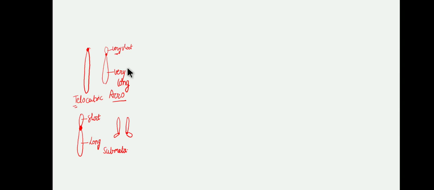If the centromere is present at the center of the chromosome, leading to two equal arms, this kind of chromosome has a V shape, also called a V-shaped chromosome or metacentric chromosome. Got it?